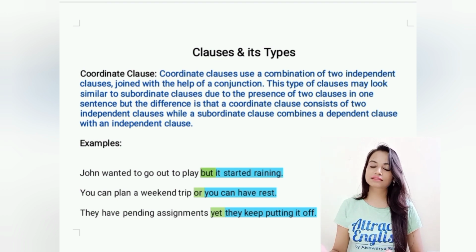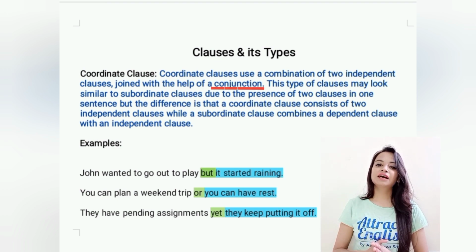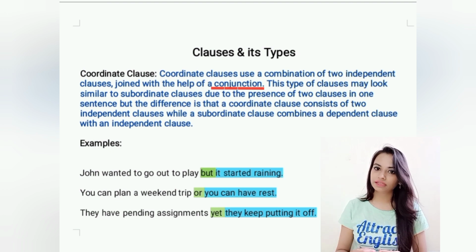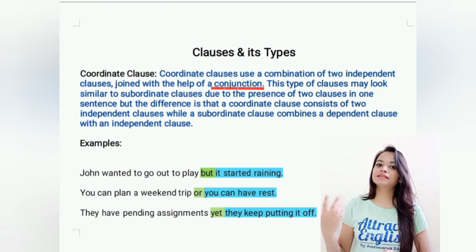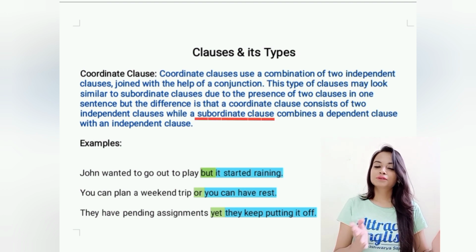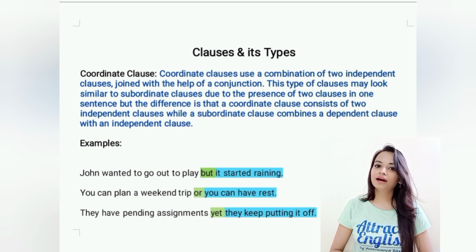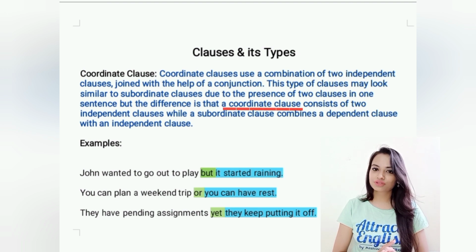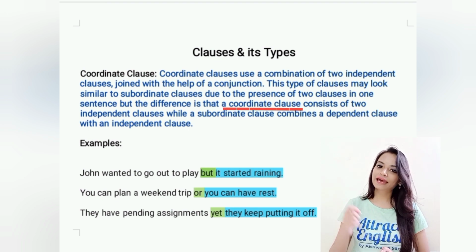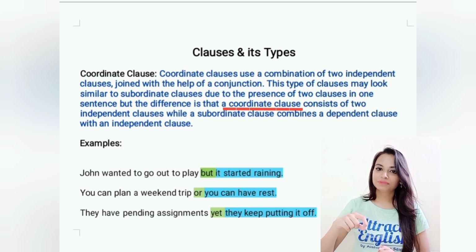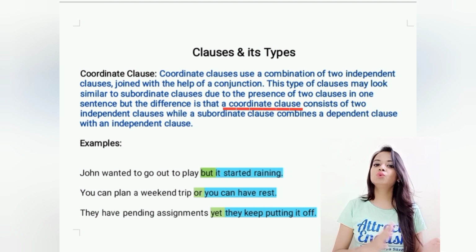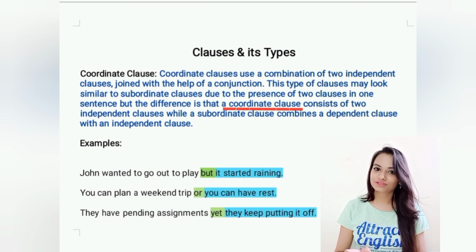We have already discussed that a conjunction is a word used to link or join two words, phrases, clauses or sentences. In a subordinate clause, the conjunction is at the beginning of the sentence. But in a coordinate clause, the conjunction can be in the middle, in between the two independent clauses being joined.